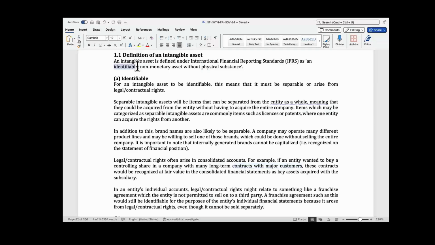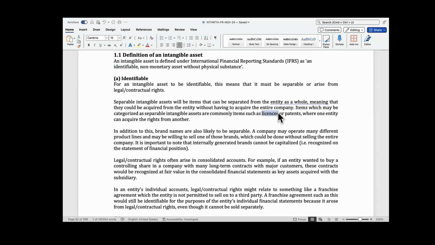Identifiable. An intangible asset must be identifiable. When we say identifiable, it means the item is separable. That is, you can sell it to another person, or you can rent it to another person without having to sell the entire entity. Then it becomes separable. Examples I told you are licenses, patents, brand names, and many more, even your copyrights.